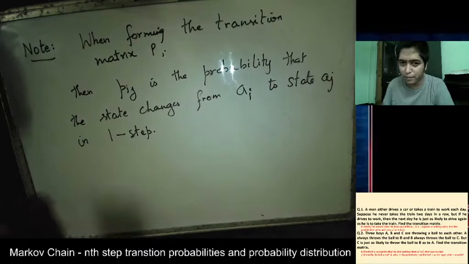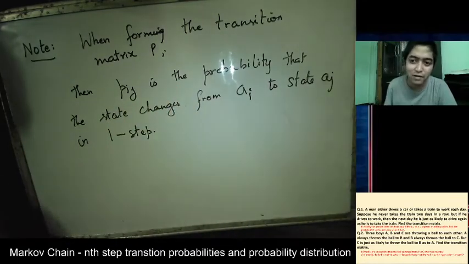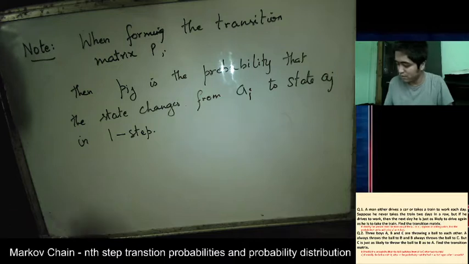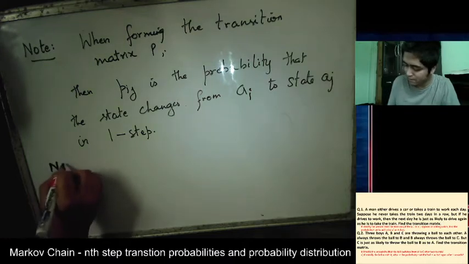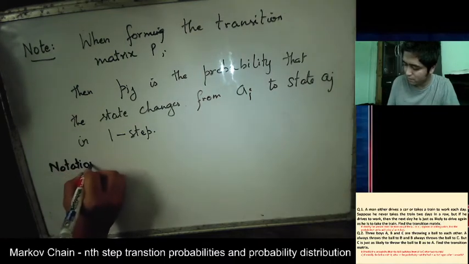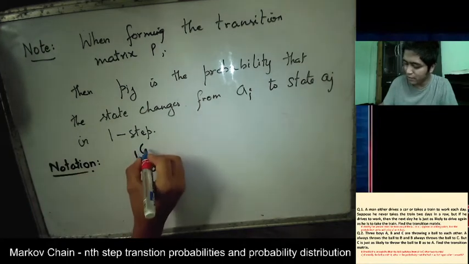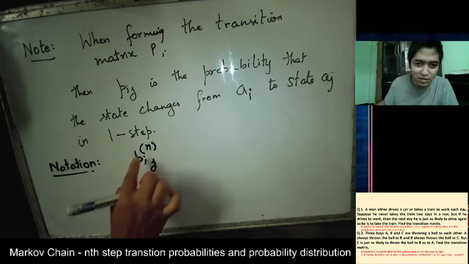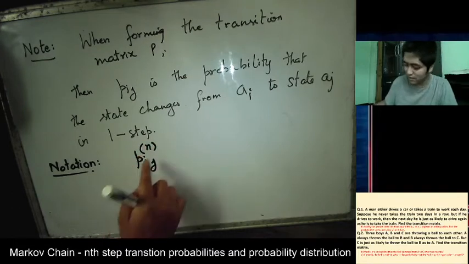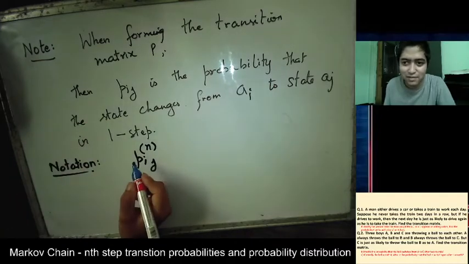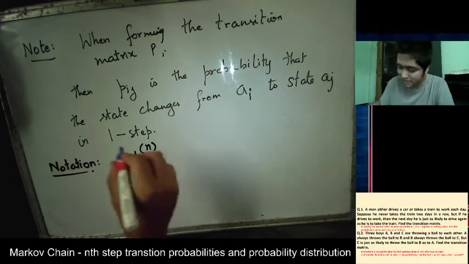So when we were forming this one, we were only considering one step. But now we will use a notation which will help us. Notation: Pij, and over here on top I will write n. It is not power n, that is why I have kept it inside a bracket or parenthesis.